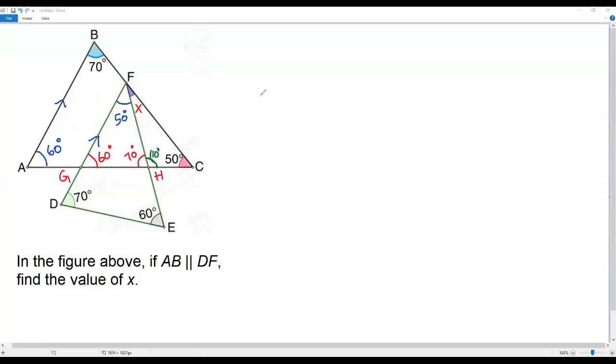Now let's consider the triangle FHC. In this triangle, I know all three interior angle measures: 110 degrees, 50 degrees, and x. These three interior angle measures must add up to 180 degrees, because in any triangle the three interior angles always add up to 180.